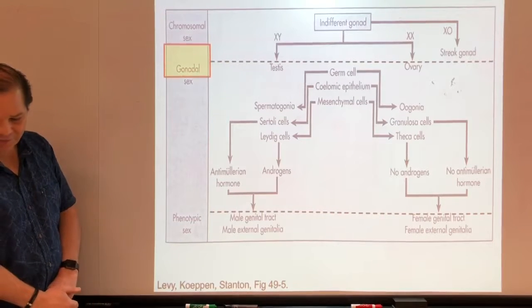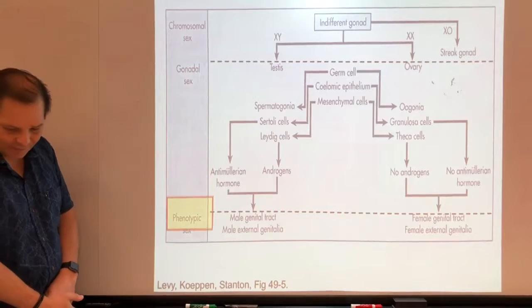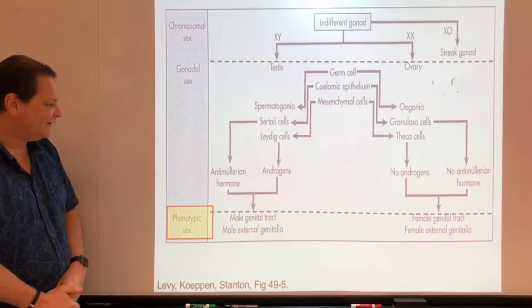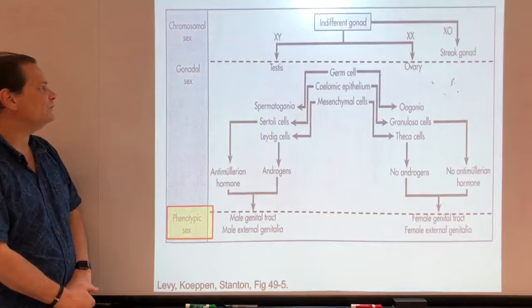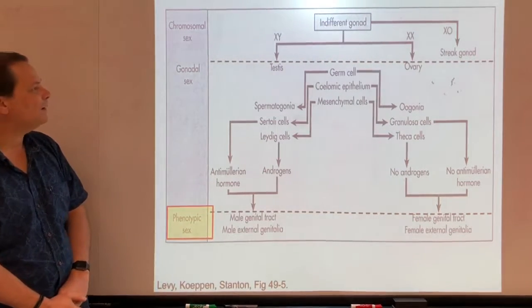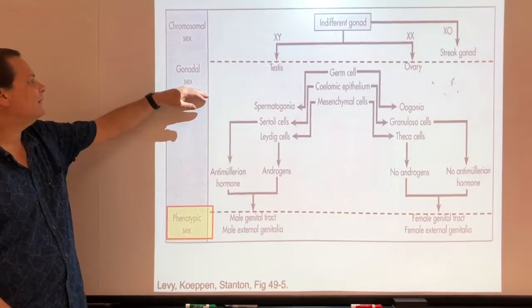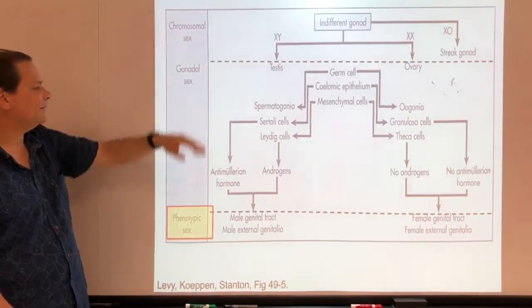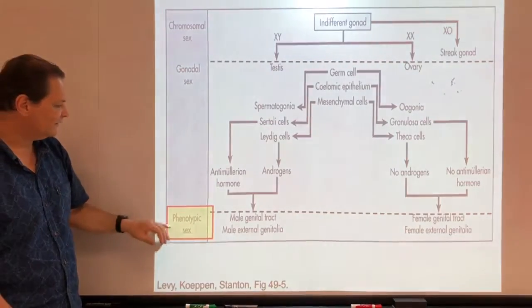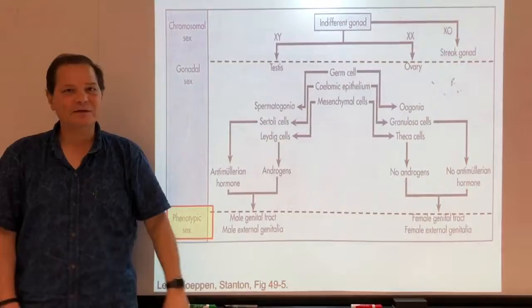The next is gonadal sex, and the next is phenotypic sex. And although we say three different categories, you should recognize that these are interrelated, and in fact they follow one from another. The gonadal sex is determined by the chromosomal sex, and the phenotypic sex derives from the gonadal sex.